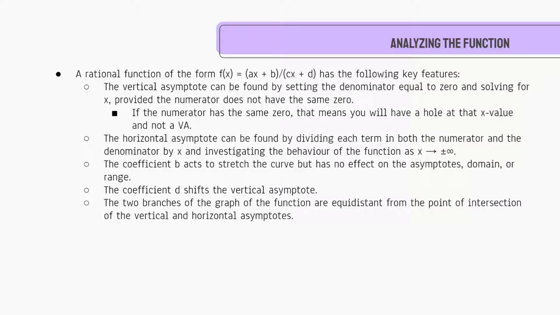If you need, I could do an example of how this works, but essentially ax plus b divided by x would be a plus b over x, right? And cx plus d divided by x would be c plus d over x.